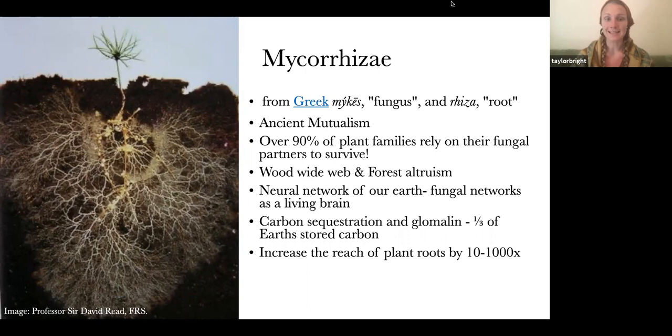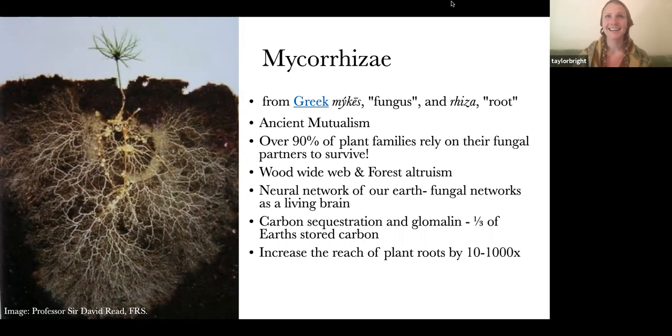And it's said now that over 90% of all plant families rely on these mycorrhizal fungi to grow, both to survive, also to germinate properly. So it's really incredible how necessary these mycorrhizal fungi are for our plant life, for our plant friends.